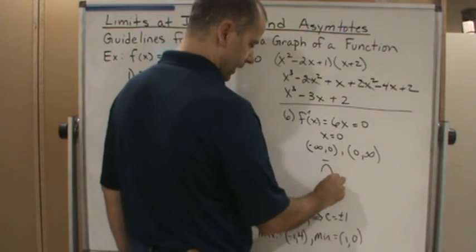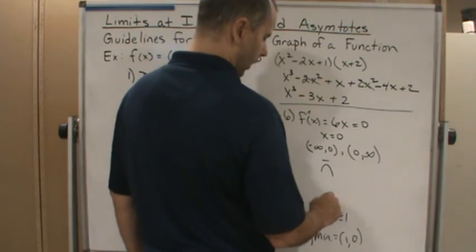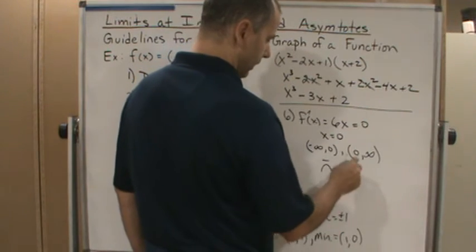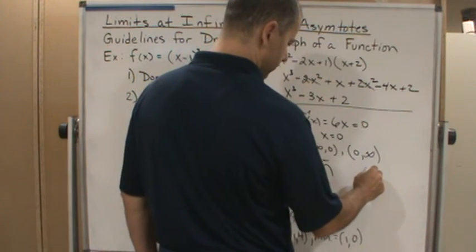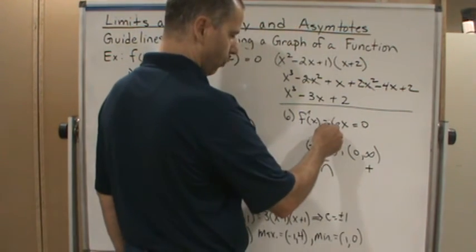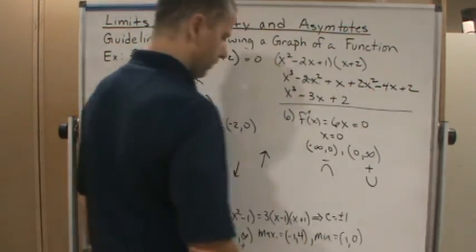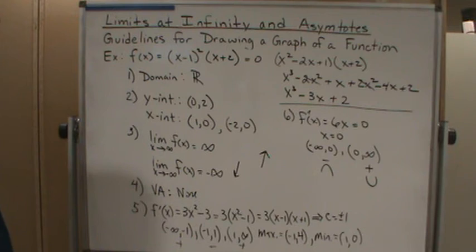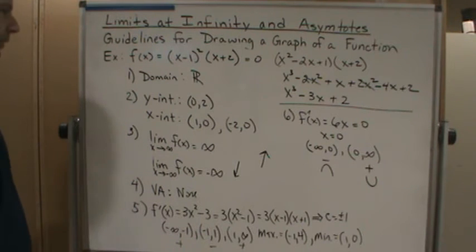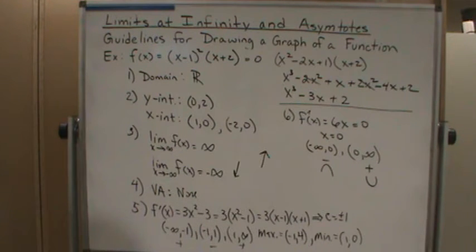So it looks like that, or curves down like that. And then this one's positive, because if I stick in 1, I get positive numbers, so this is concave up. So it curves up. Okay, so now, is there anything else?